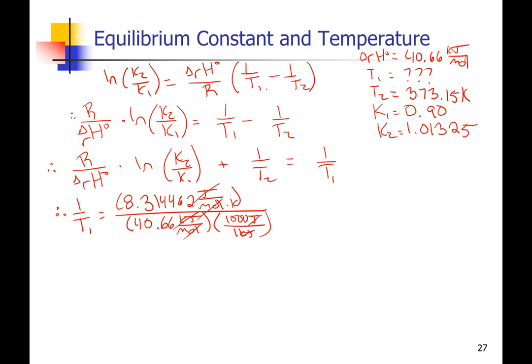And that makes everything except the Kelvin cancel out. Multiply that by the natural logarithm of 1.01325 divided by 0.90. And then add 1 over 373.15 Kelvin.